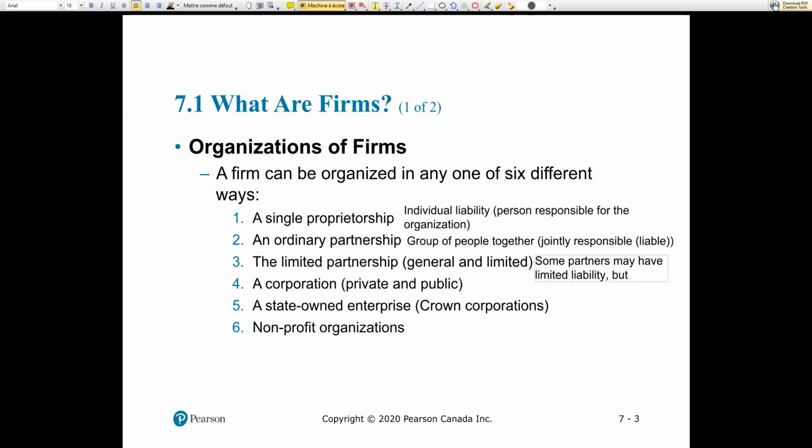But one has general liability. So we go after that person at the end to get the most we can to get reimbursed.